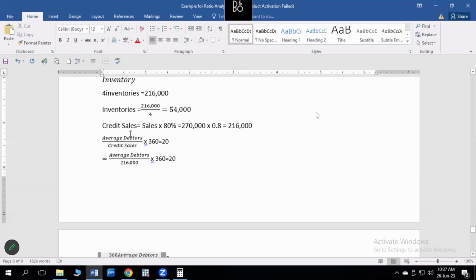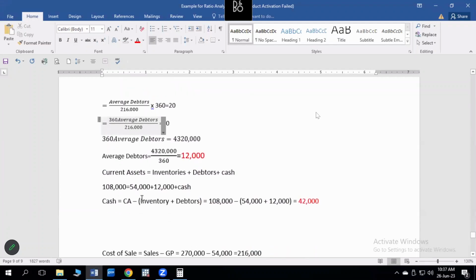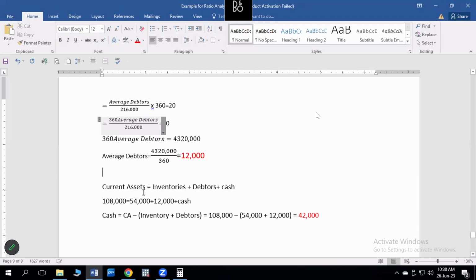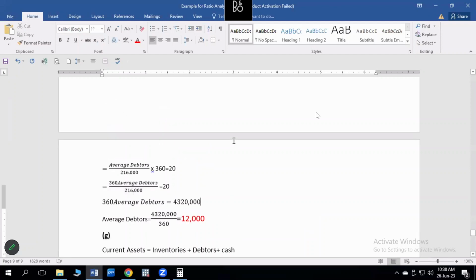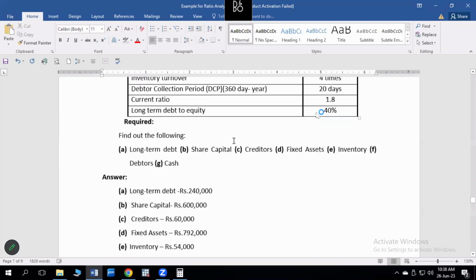From this point on. So whatever working you follow, you can indicate that it has been worked out under these things. So you calculate this one. Then finally G, cash.